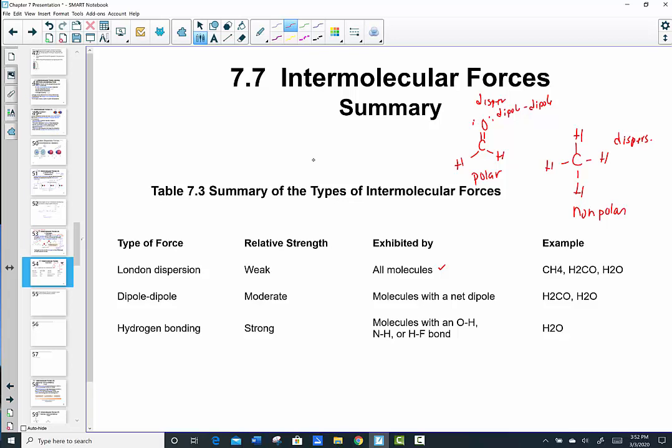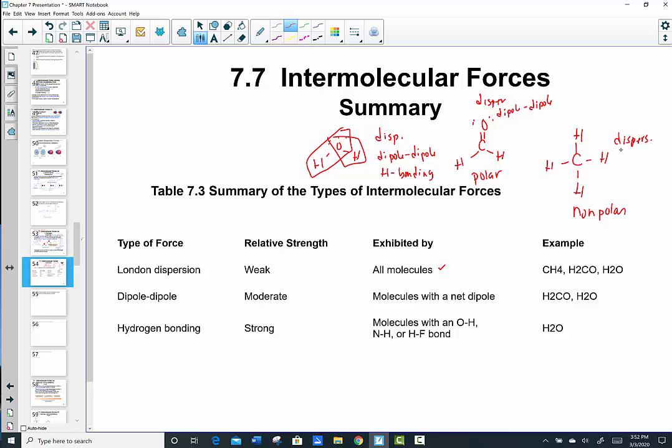And then the last one we drew was a water molecule, which has dispersion forces because all molecules do. It's polar, so it's also a dipole-dipole interaction, and within the same compound, it meets the criteria of hydrogen bonding. So you could see water has all three intermolecular attractions.